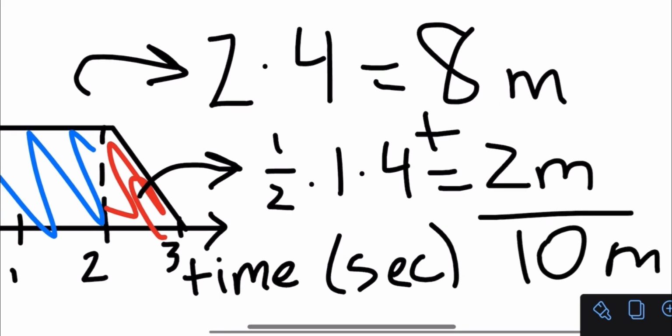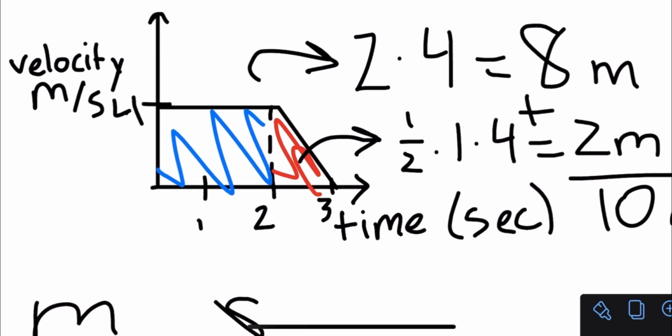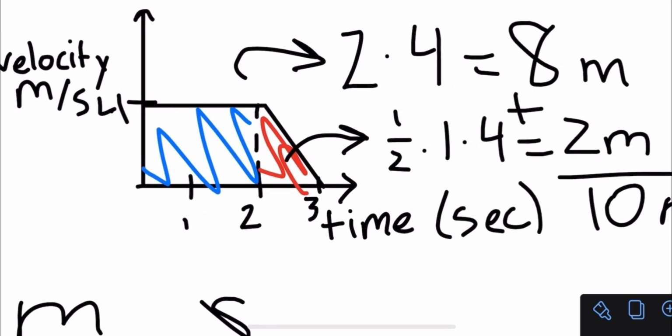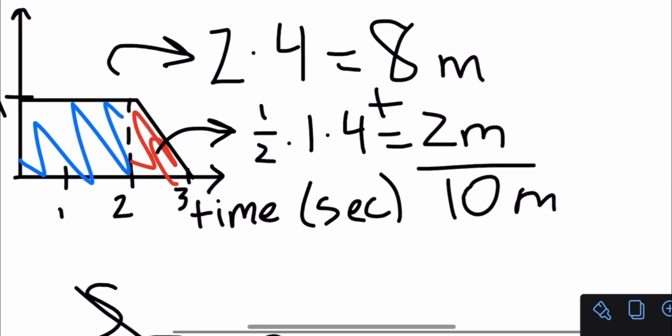So what I've essentially done is actually taken a very simple integral. I have found the area under the curve that gives me a new quantity denoted by the y-axis multiplied by the x-axis. Finding the area under this curve gave me the distance this car traveled, which happens to be 10 meters.